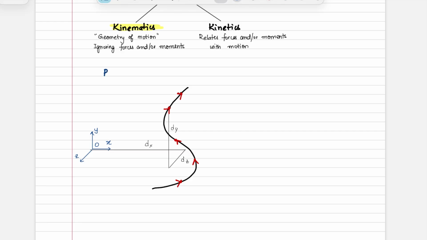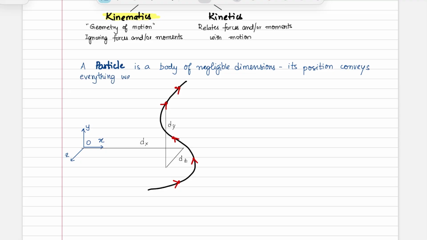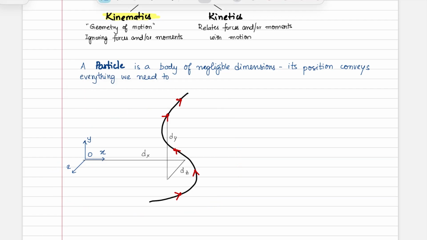So that is a particle. So it has negligible dimensions. Its position conveys everything we need to localize it.